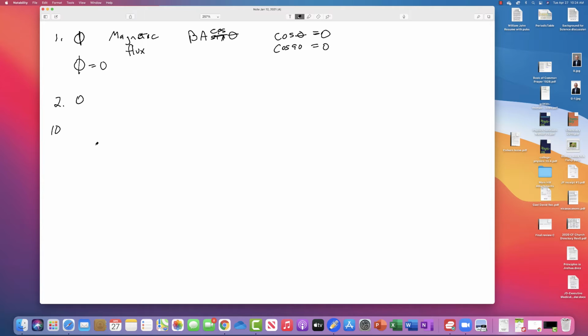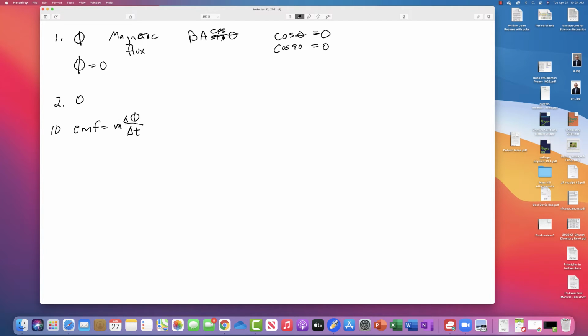So it's asking the question, what is the current induced in the ring if the resistance is 0.01 ohms? Well, in order to do this problem, you have to first calculate the EMF. So the EMF is equal to the number of turns times the change in flux over the change in time.